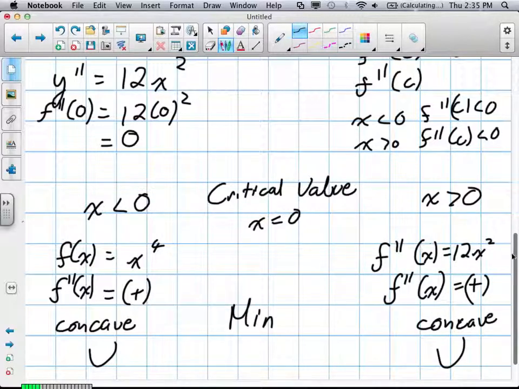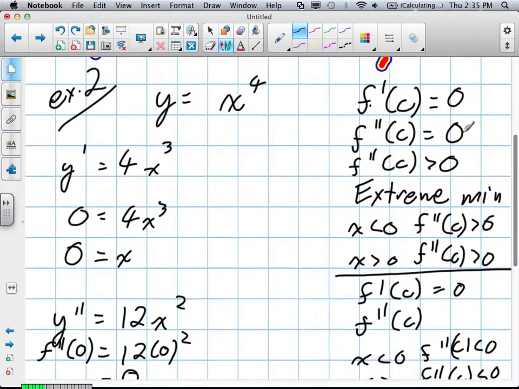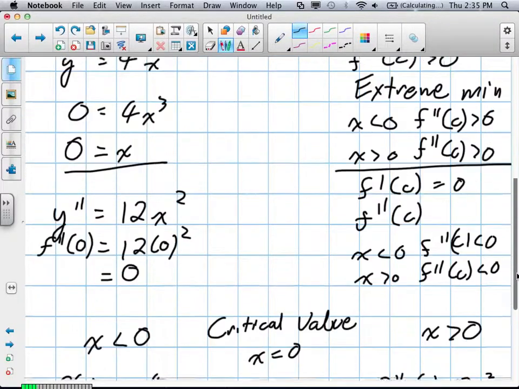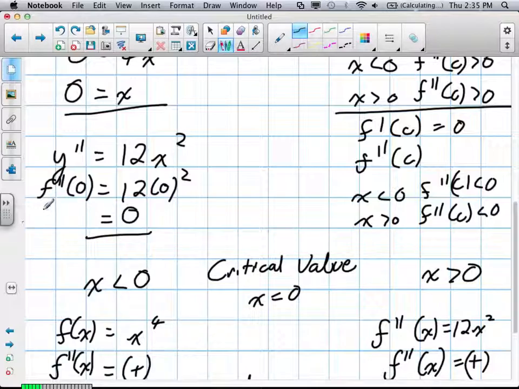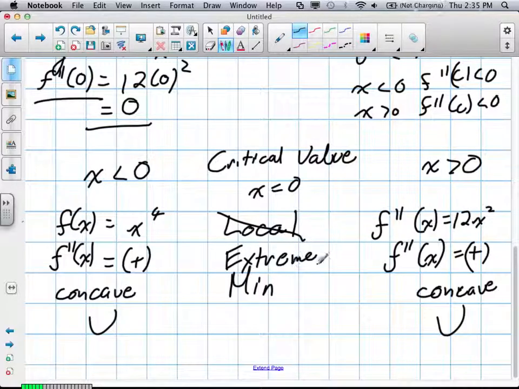But remember, it's not just any minimum. Because our critical value for our first derivative, x equals 0, also produced 0 for our second derivative, we're not talking about a local, we're talking about an extreme minimum, okay?